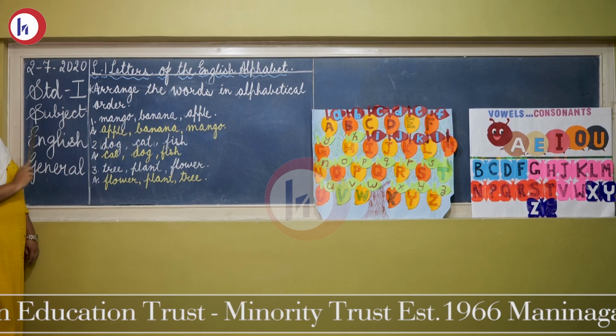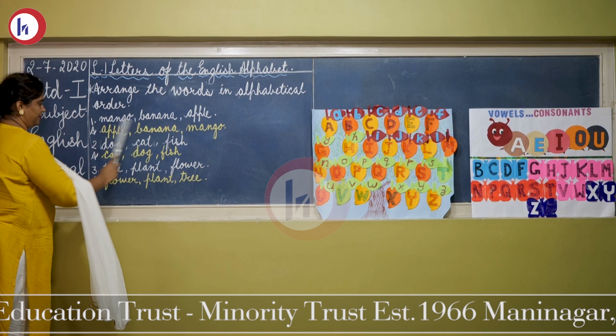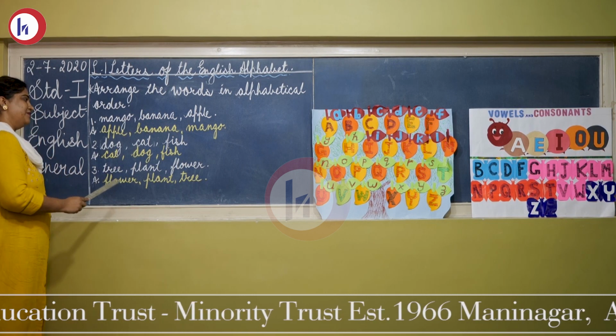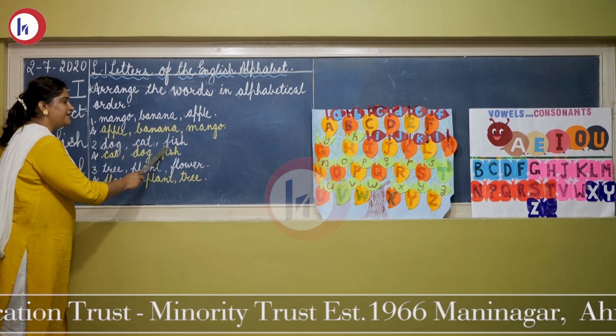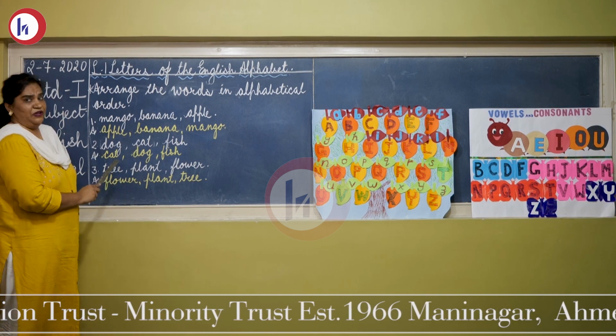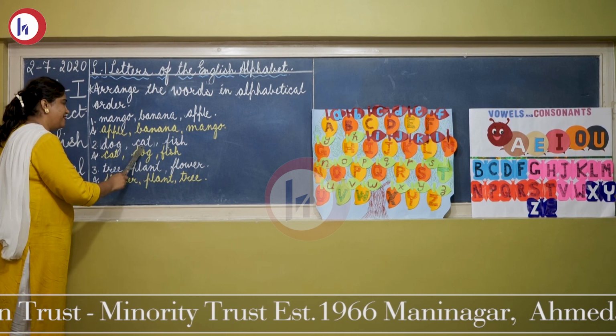Now take another example, that is dog, cat and fish. Are these words in alphabetical order? No, right? Which spelling will come first? Is there any spelling starting with A? No. B? No. Then C? Yes. Then it will come first.